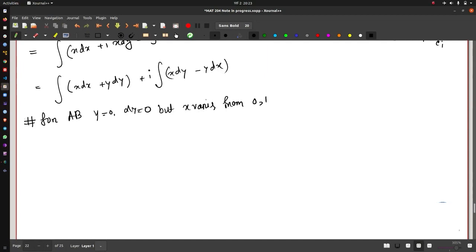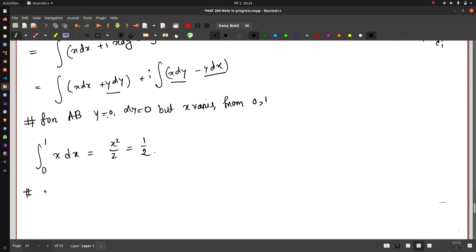That's the convenience we get from observing this. So put y equals 0 and dy equals 0 in these terms. If you put dy equals 0, these two terms go out. If you put y equals 0, this one also goes out. So you only have x dx. You integrate it from 0 to 1. x dx is just x squared by 2, so this is just half.